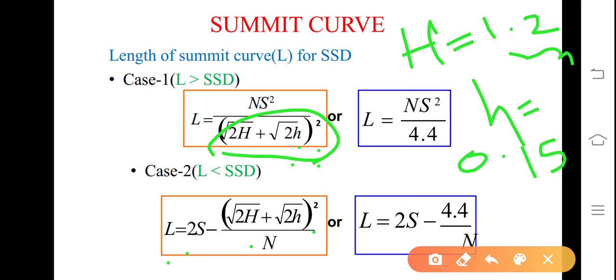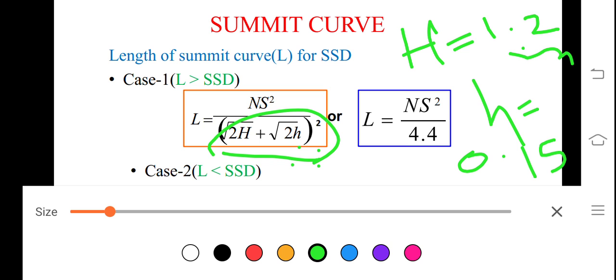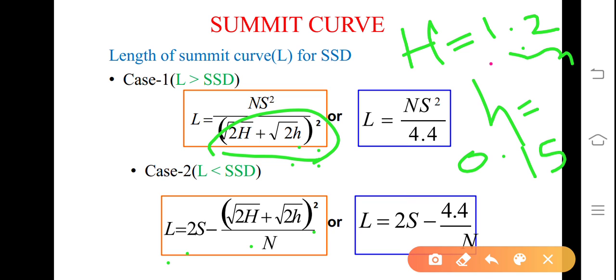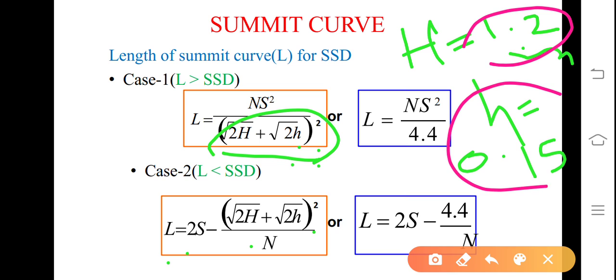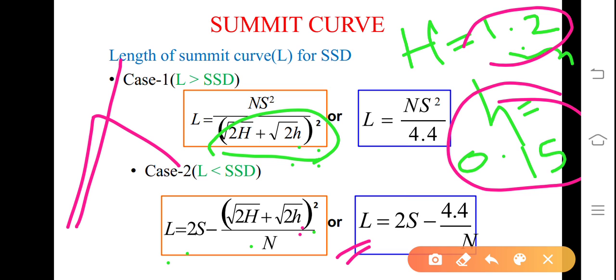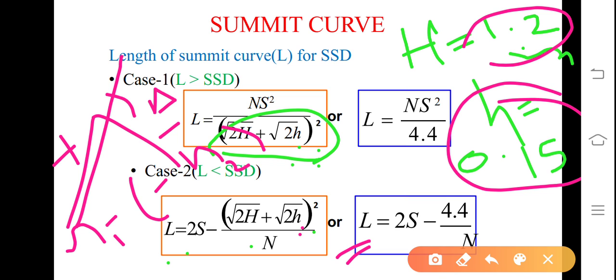If you substitute H equal to 1.2 meter and h equal to 0.15 meter, because it is the stopping sight distance case, you will get the length of summit curve L = 2S minus 4.4 upon N, where capital N is the deviation angle. Deviation angle is nothing but the algebraic difference of gradients, N1 minus N2.